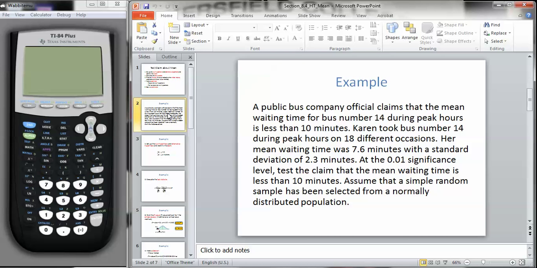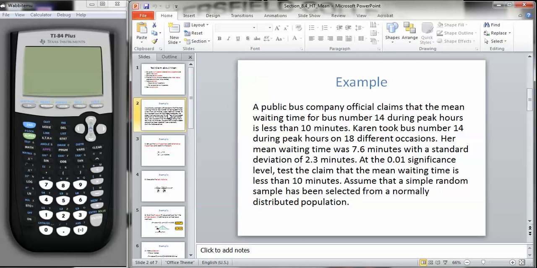And then Karen took this bus, which is bus number 14, on 18 different occasions. So this will be our sample size. And then her mean waiting time from those 18 different occasions is 7.6 minutes. That will be our x bar, or sample mean, with a standard deviation of 2.3 minutes. So that will be our sample standard deviation.